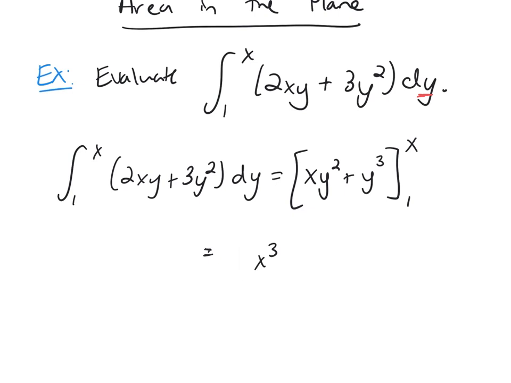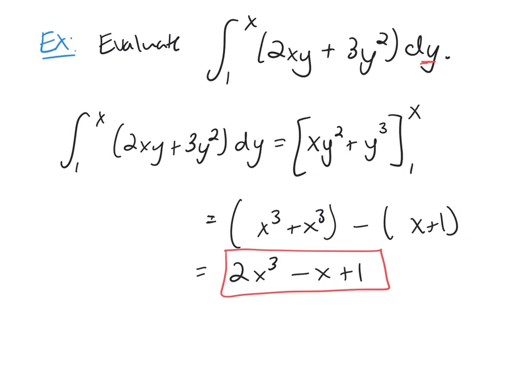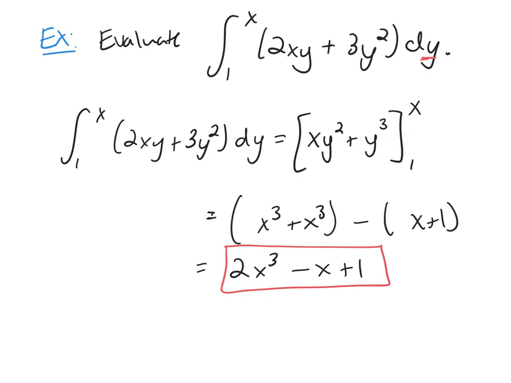So I'll just use parentheses. It'll be x cubed plus x cubed minus, plug in 1, x plus 1. So I'm going to get 2x cubed minus x plus 1. Now notice that the only variable I have is x. I no longer have the variable y.